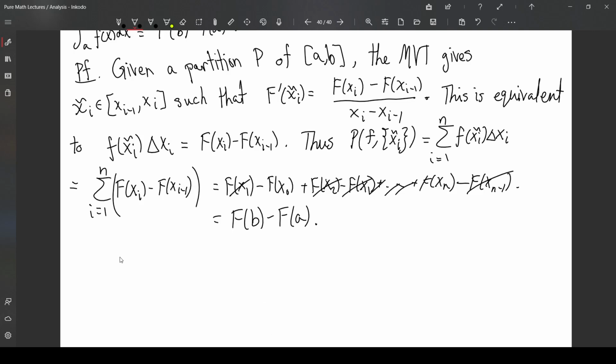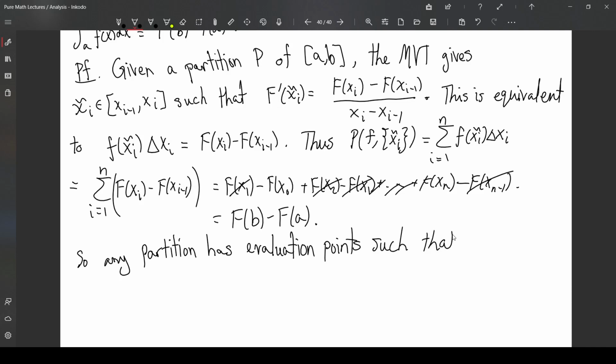So any partition has evaluation points such that the Riemann sum over those evaluation points equals F(b) minus F(a).